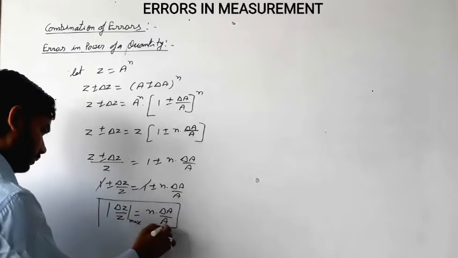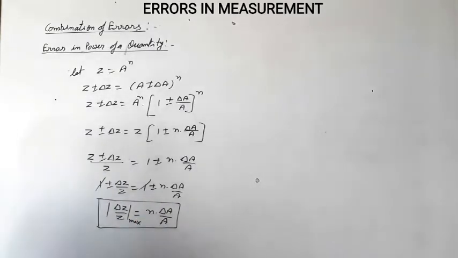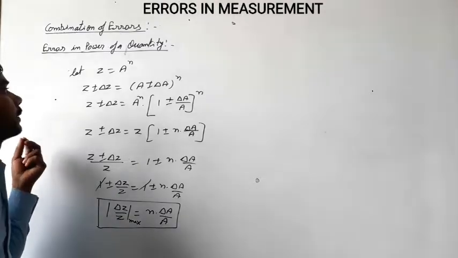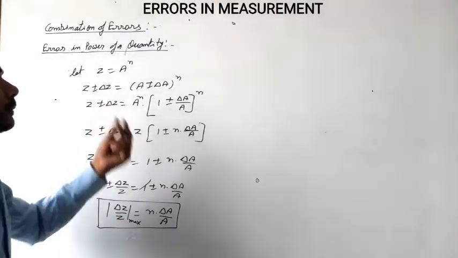This is the relative error in the measurement of z when z is a^m.